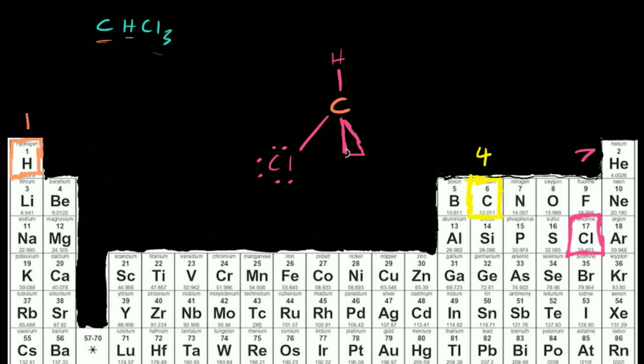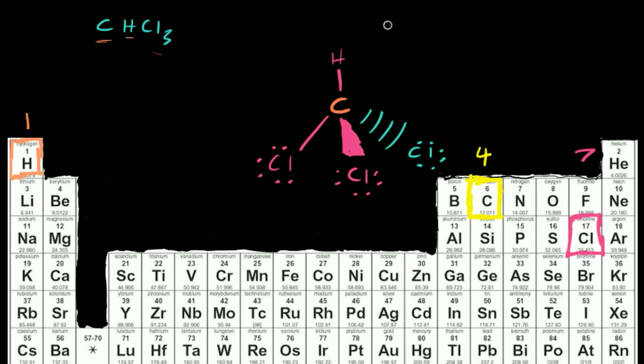I'm going to draw my wedge, which is supposed to be popping out of the computer screen, and that's going to be a chlorine. Then I'm going to switch colors, another chlorine that's going to be going back into the computer screen. Again, it's going to have 3 lone pairs around it. So this is going to be our structure, and I guess I already gave away what the geometry is.